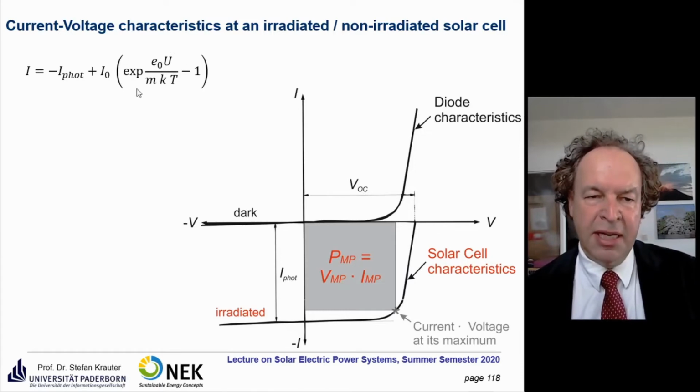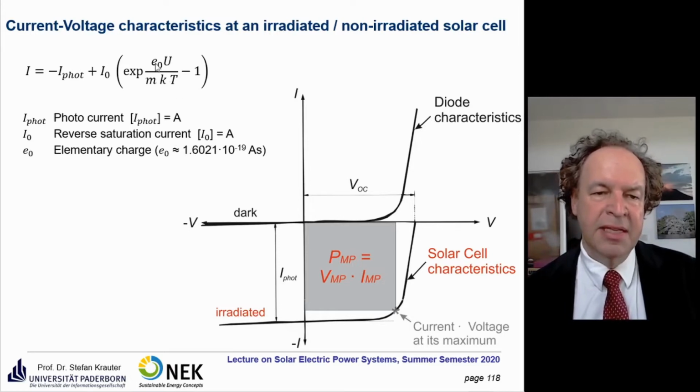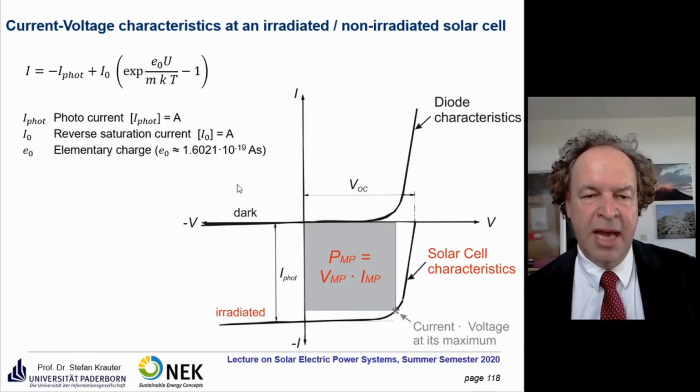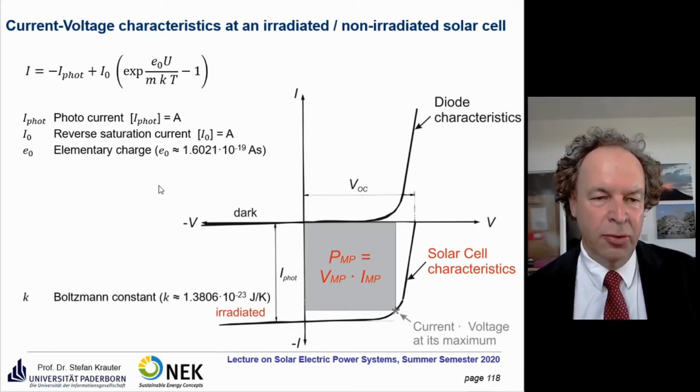This second part is the same as you know from the diodes, and the first part is the photocurrent. The photocurrent is measured in amps, and in the second part you have I0, that's the reverse saturation current. E0 is the elementary charge, 1.6 times 10 to the power of minus 19 ampere seconds or Coulomb.